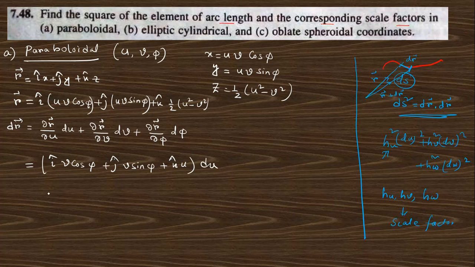Second, with respect to v, this is i cap u cos phi, j cap u sin phi, and minus k cap v, with dv.